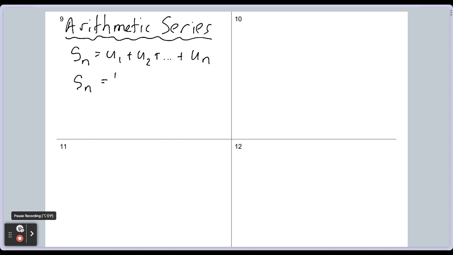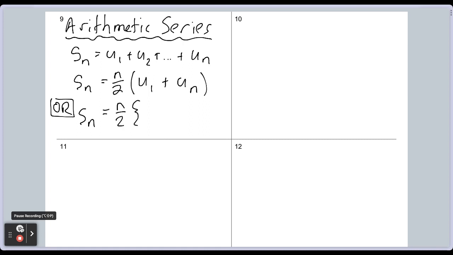We've got two forms of the formula. Sn equals n over 2 outside of first term plus last term. Or Sn is equal to n over 2 outside of 2u sub 1 plus n minus 1 d.